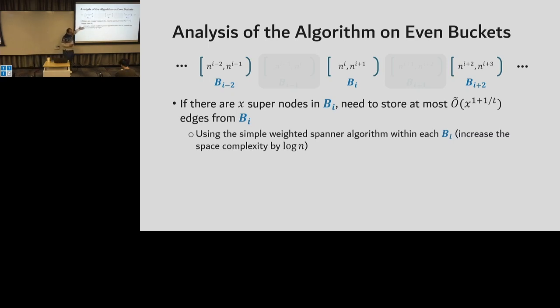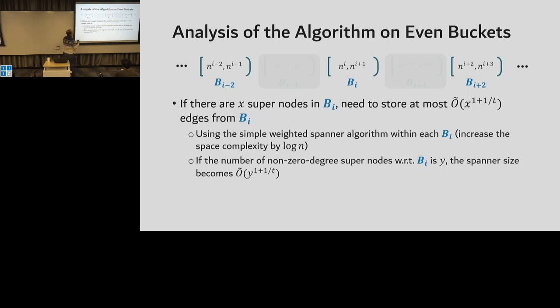To be more accurate, since B_i has a range of weight difference in each bucket of order n, if we want to store the spanner structure, we need to do the simple weight-of-the-spanner idea that I mentioned, partitioning into log W classes, where now the W inside each bucket B_i becomes n, because the difference is n, so it becomes log n. So for each bucket B_i, we are storing k to the 1 plus 1 over t times log n. So we get rid of the log W inside each B_i.